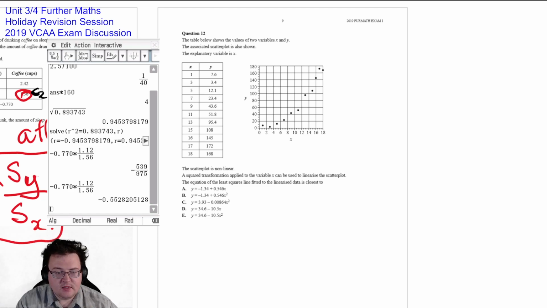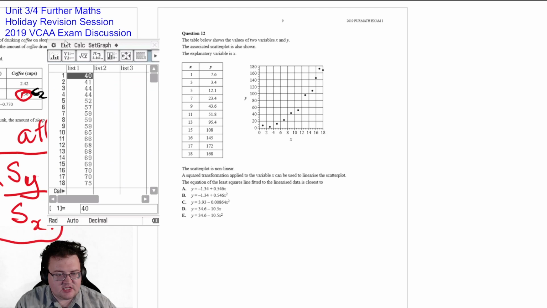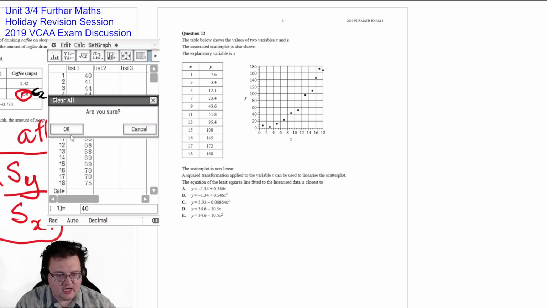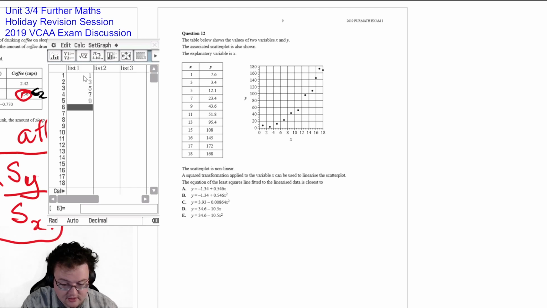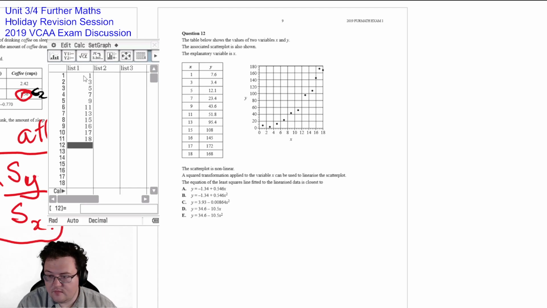So, break out our CAS statistics, get rid of our old thing. Now, in list 1, I'm going to put all my x values: 1, 3, 5, 7, 9, 11, 13, 15, 16 for some reason, 17, and 18. Have I got 11 data points? Yes, I do. Then I put in the correct pairs.